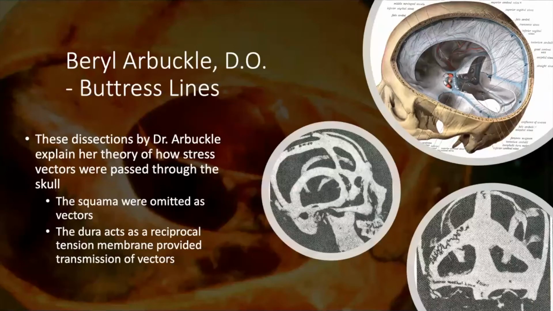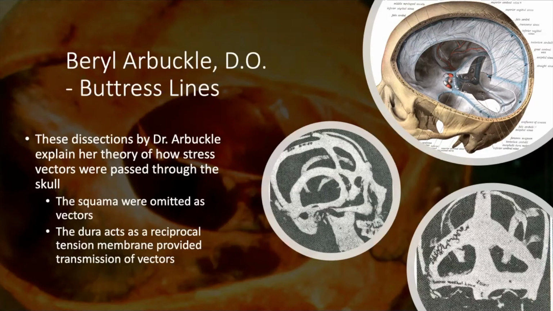I tied this in together with just a few ideas from Beryl Arbuckle, because Beryl Arbuckle was doing work in the 1940s, 50s, and 60s with cerebral palsy children. And she was trying to theorize how traumatic births resulted in what she saw as cerebral palsy.